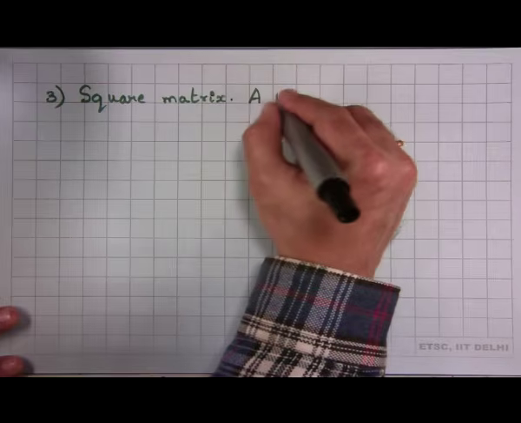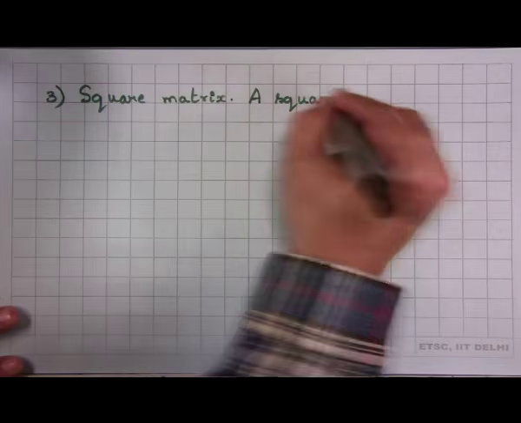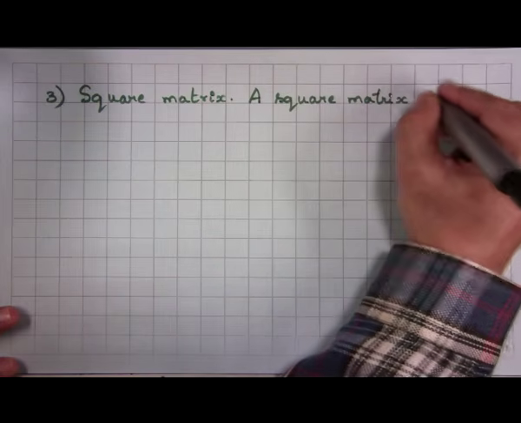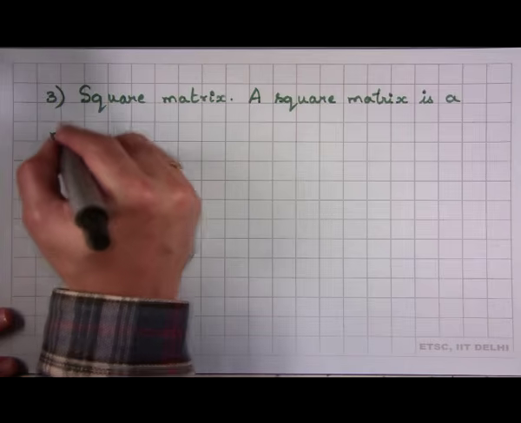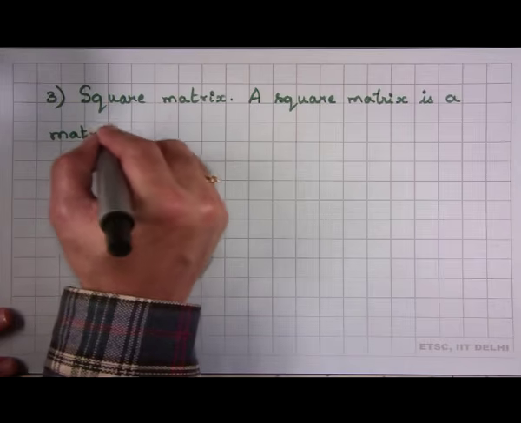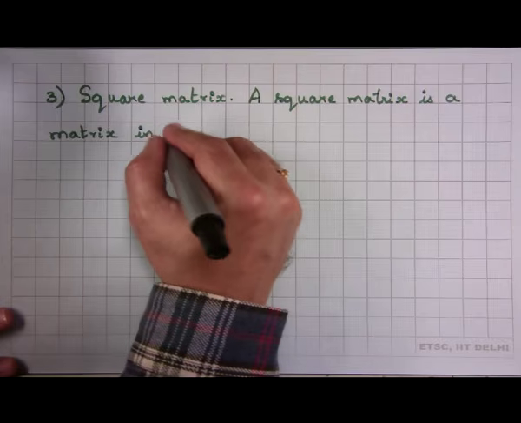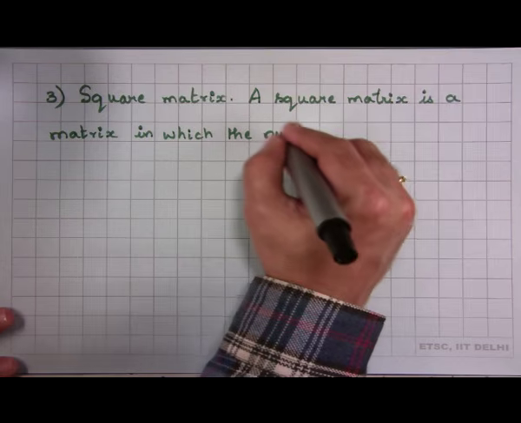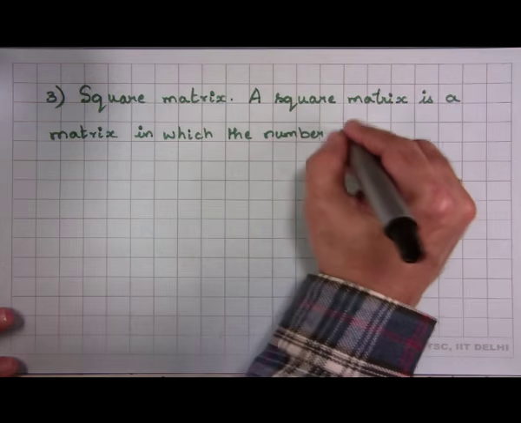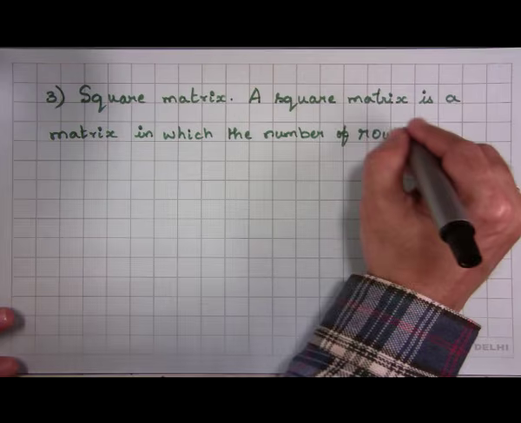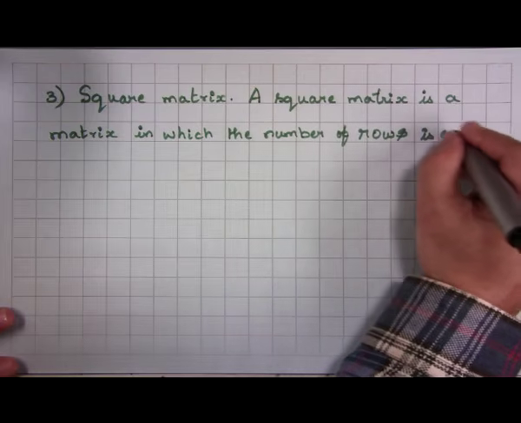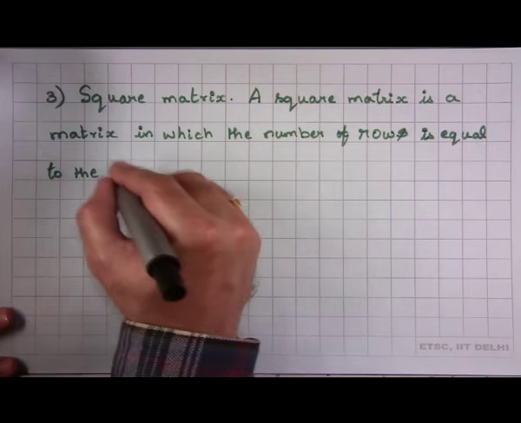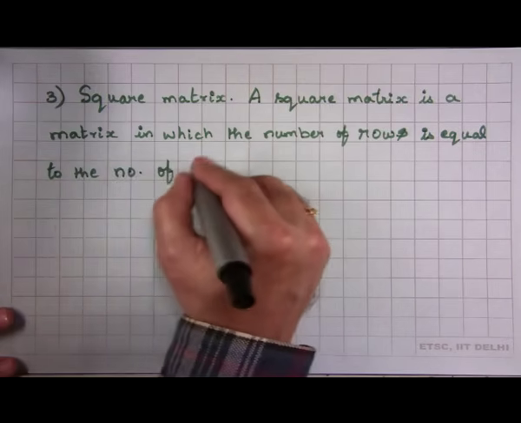The third one is what is known as a square matrix. A square matrix is a matrix in which the number of rows is equal to the number of columns.